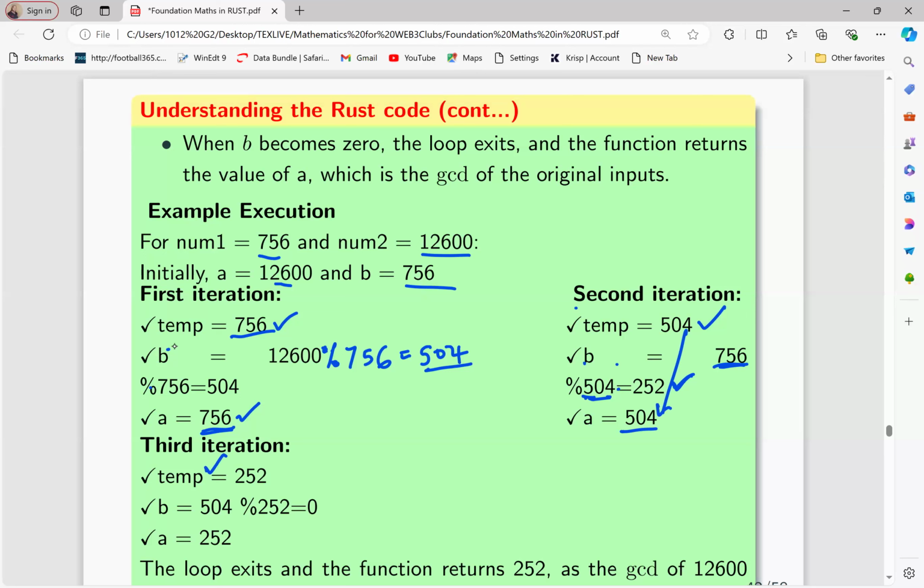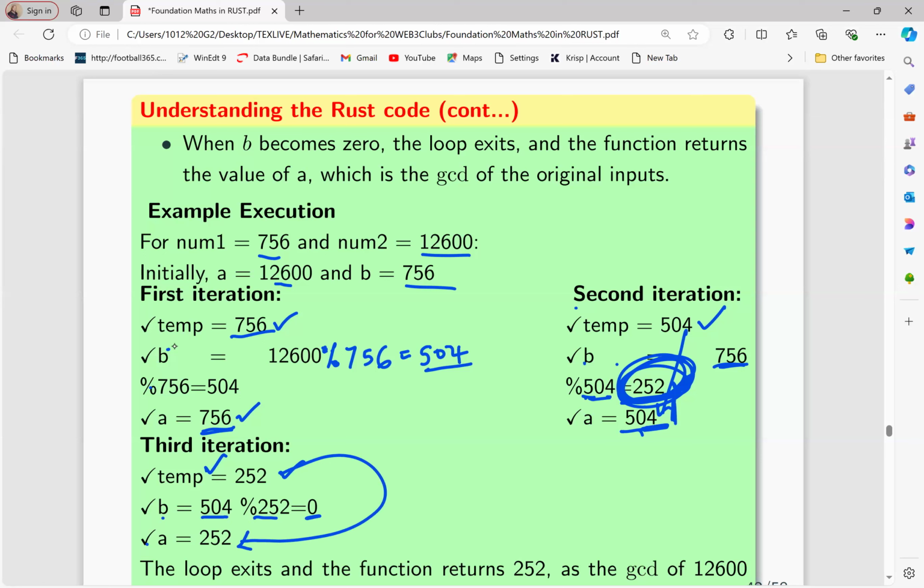The temporary value is our B, which is 252. What about B? B is the remainder on dividing A by B. So when you divide, the remainder is 0. What is A? A is the value which was temporary.